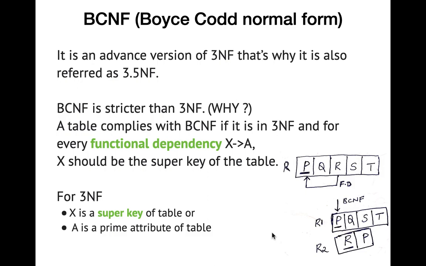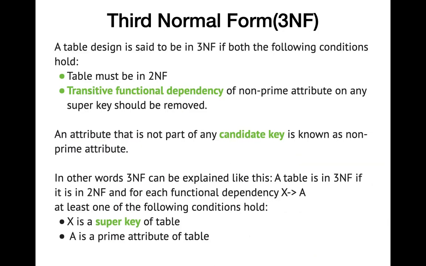Before we try to understand BCNF, let's have a quick recap of what third normal form was. For a relation to be in 3NF, it should satisfy 2NF, that is, there should not be any partial dependency. A table should be in 2NF to be in 3NF, so if it is in 3NF, it should have satisfied 2NF.